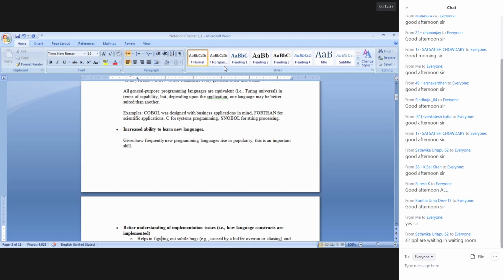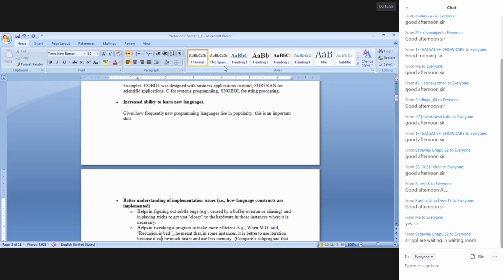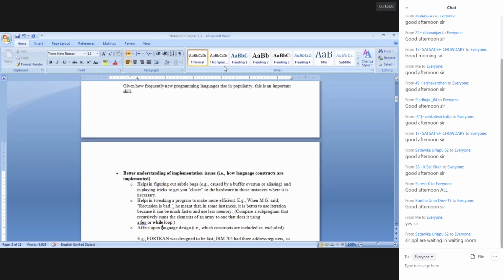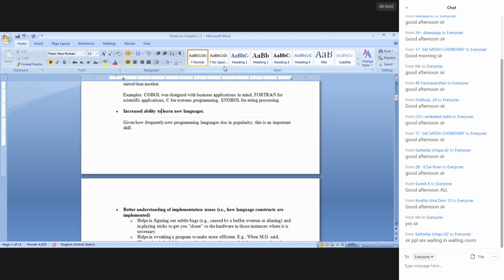If you know the features of a few programming languages, then if any other new programming language comes, you can easily learn it. You can easily code in it. If you don't know those features, you hesitate to learn a new programming language.